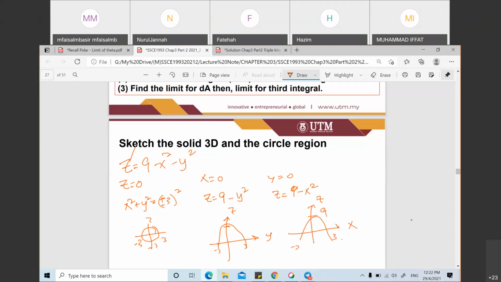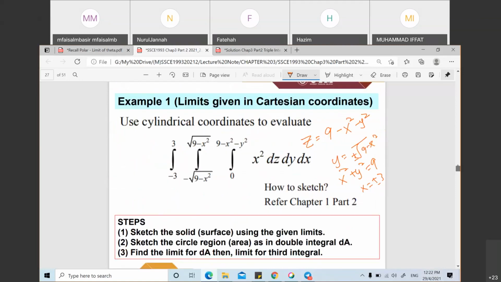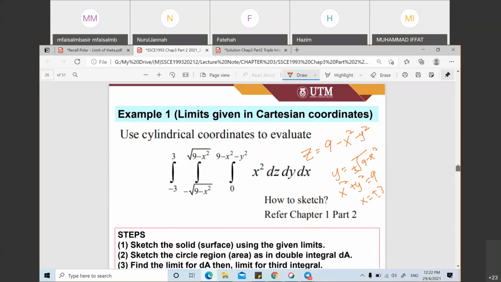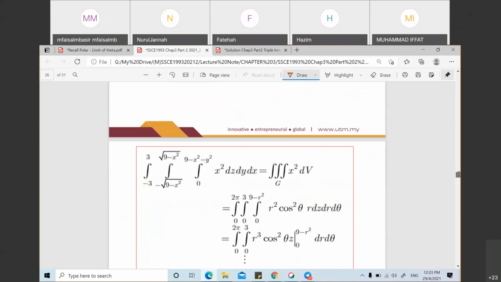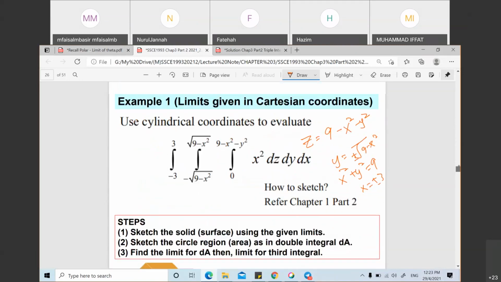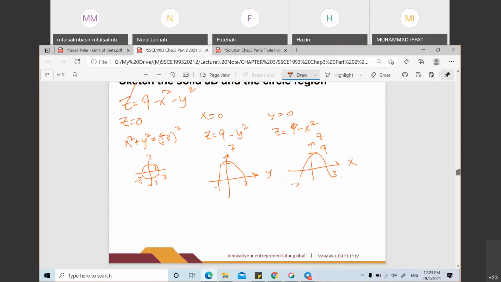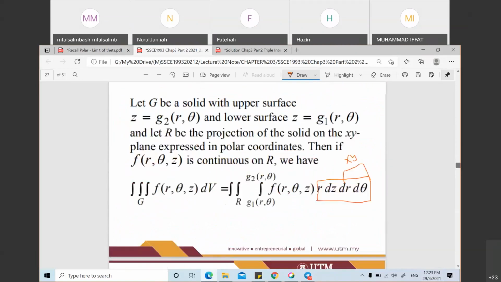Okay, so what else do you have? You have x from negative 3 to 3, and y also from negative 3 to 3. That is here, the region is a circle.